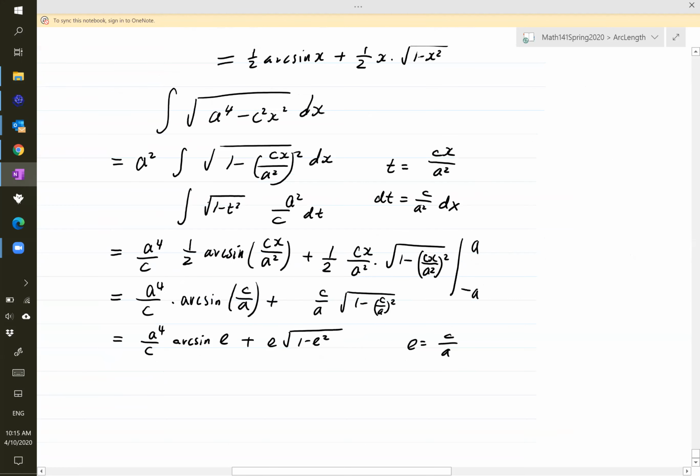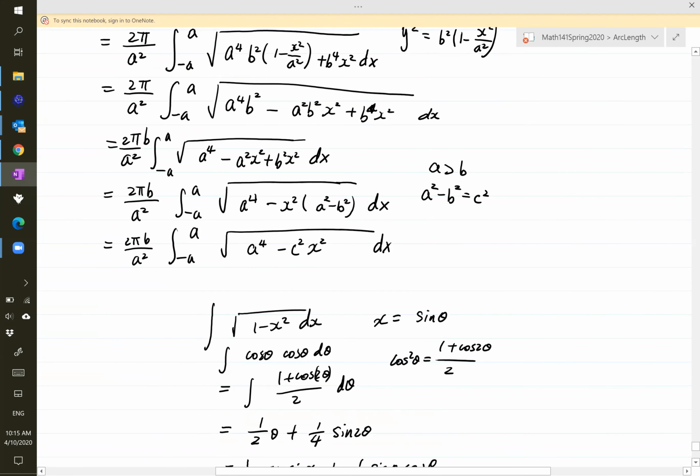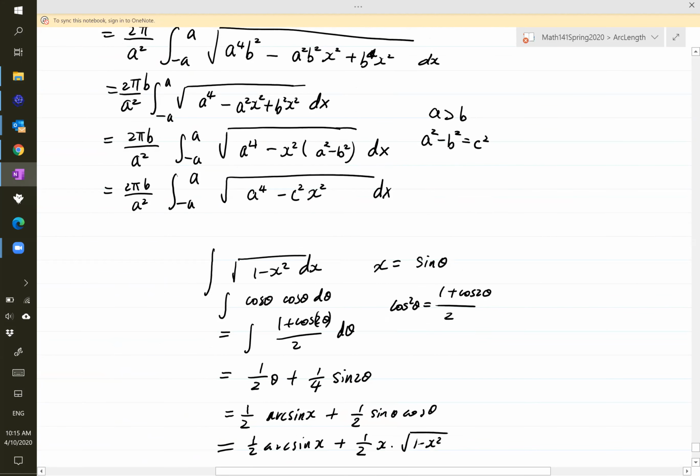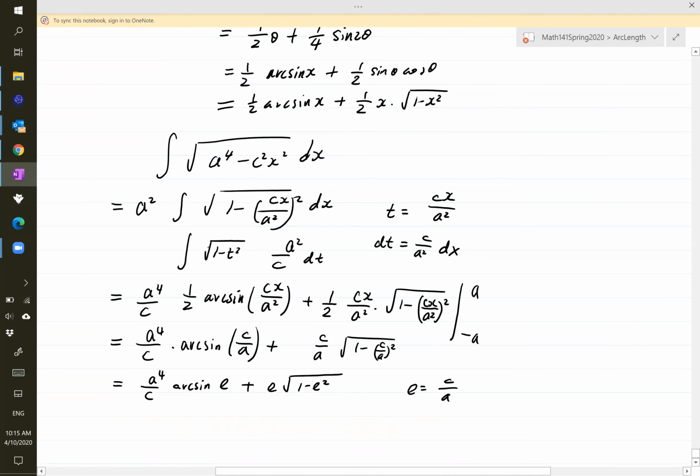Okay, finally you see we get our complicated expression. I think I got a mistake somewhere. This c is common to everything.